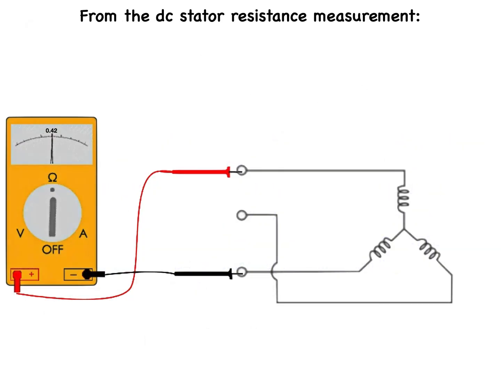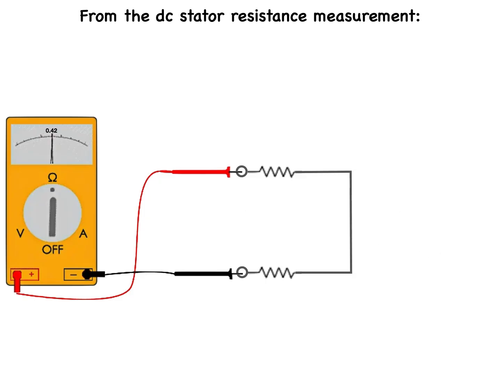The DC resistance of a stator winding looks something like this. An accurate DC meter is connected across two terminals of the stator. Because we are using a DC measuring device, we will only be measuring the resistance portion of the impedance of the stator windings. Because we are connected across two terminals of a Y-connected stator, we will be measuring the resistance of two of the coils in series.